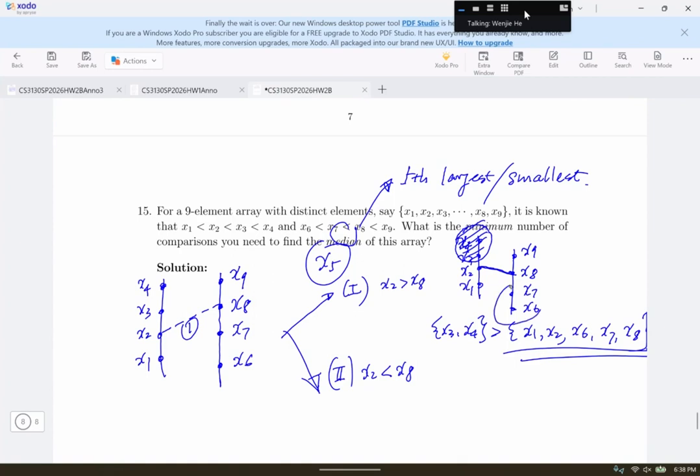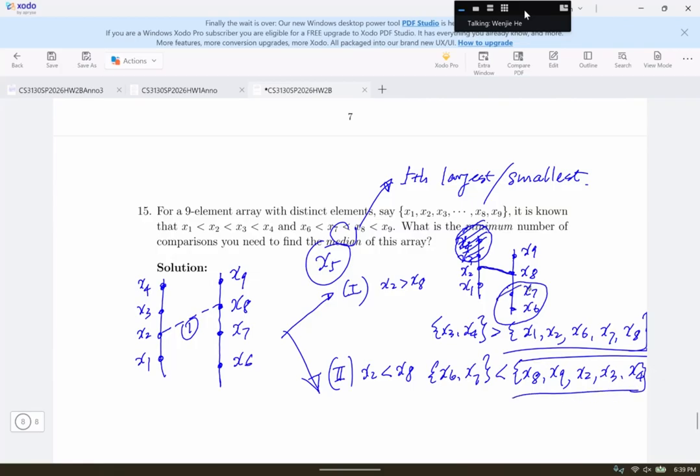these two elements, X6, X7, less than X8, X9, then the other side, X2, X3, X4, also 5 elements, right?